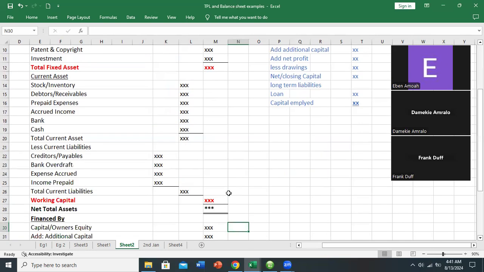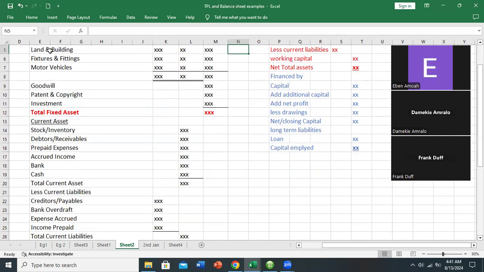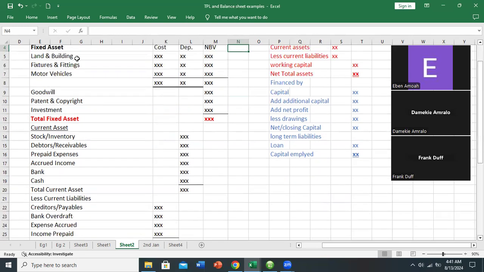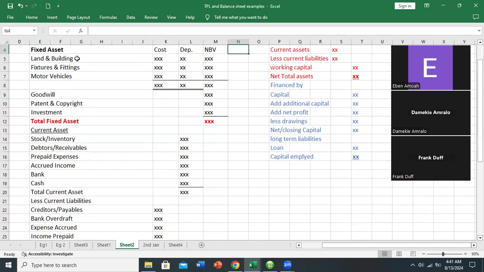Just for a quick recap, the extended version, we listed some of the fixed assets, as you all know: land and building, fixtures and fittings, motor vehicles, plant and machines, equipment, you know them, as well as the intangible ones like goodwill, copyright, or investment in shares, etc. Then for your current assets, we paid attention to these 6: your closing stock or inventory, your debtors, prepaid expenses, accrued income, bank, and cash.